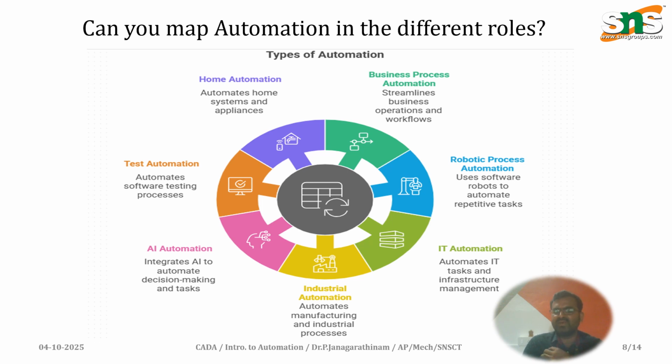The last one is test automation. Once we fix an automation suitable for our industry, we implement it and do the testing part. So these are the different roles and different places where we choose to implement this kind of automation process.